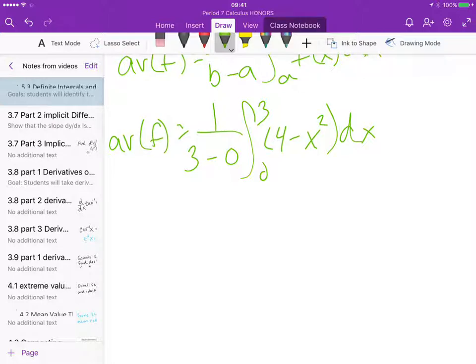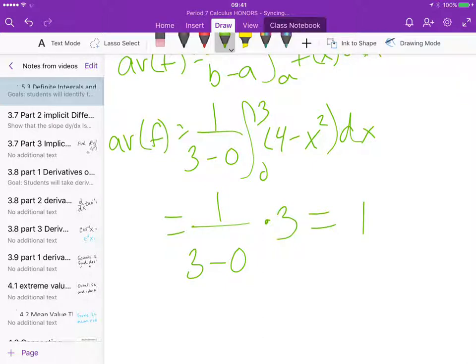So we're going to have 1 over 3 minus 0, multiplied by 3. And 1 over 3 minus 0 is just 1/3, so the value is 1. And so, to answer the question, the average value of the function from 0 to 3 is 1.